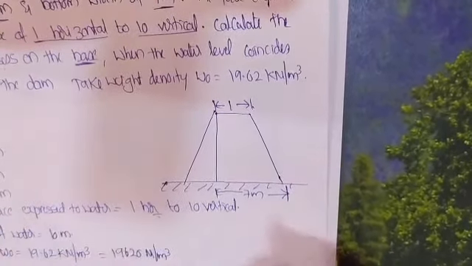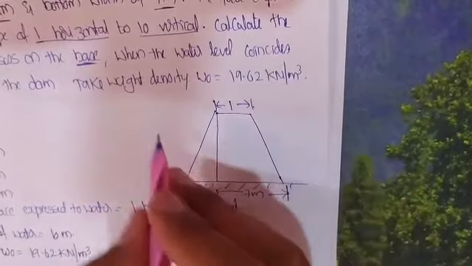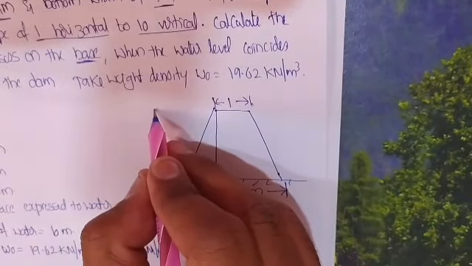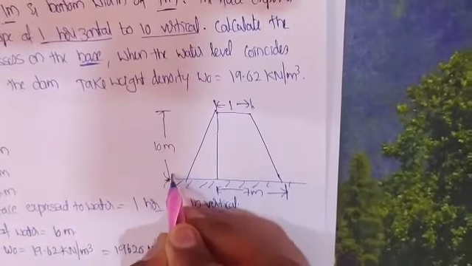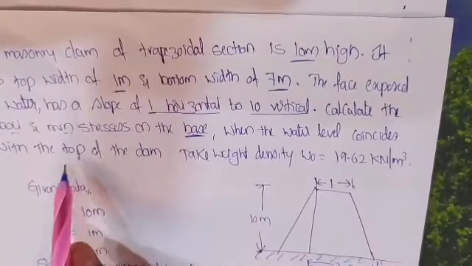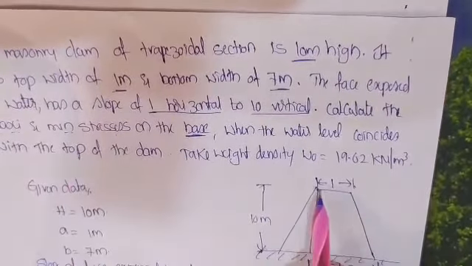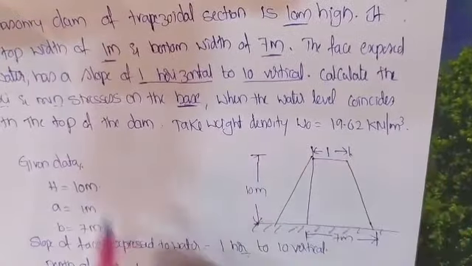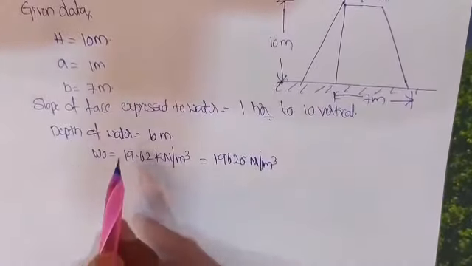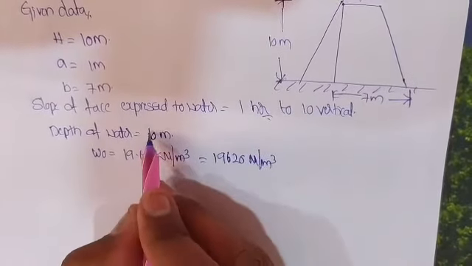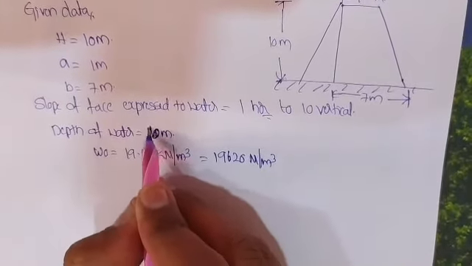Capital H is nothing but the total height of the dam, so the total height of the dam is 10 meters. One thing you have to note down: the dam is full of water, up to the top level. That's why the depth of water is also taken as 10 meters itself.